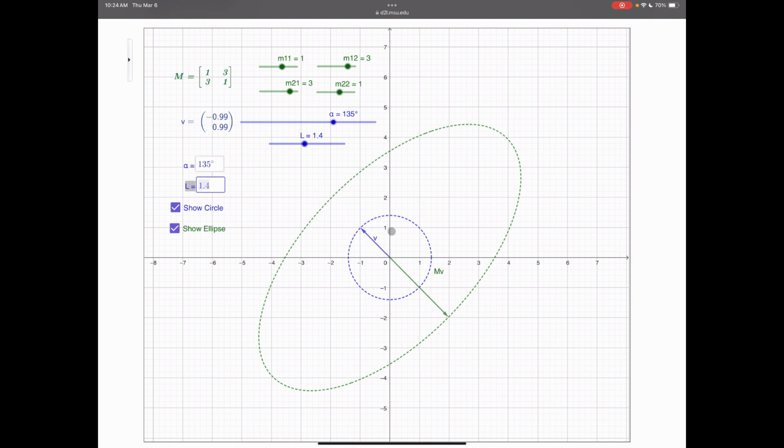So you see this, the vector negative 1 1, and the result is along the same line but in the opposite direction, and is a vector twice as long. So the eigenvalue here is negative 2. The vector is negative 1 1, and the eigenvalue is negative 2. So by the picture we identify which vector is an eigenvector.